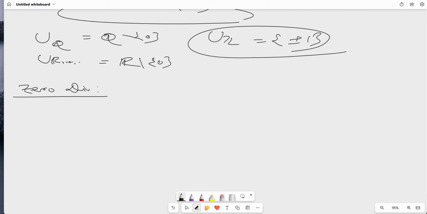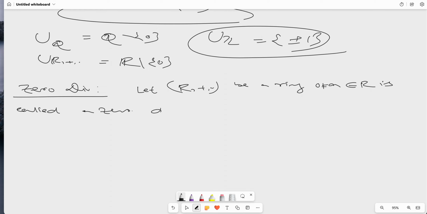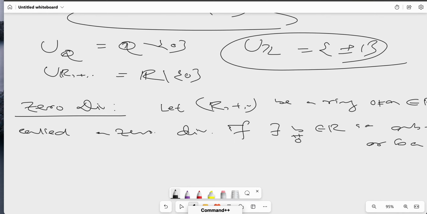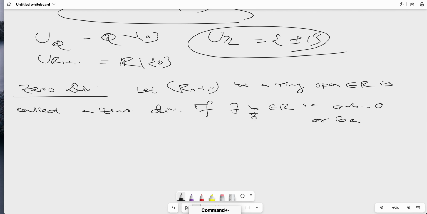So let R plus dot be a ring, and an element A which is non-zero is called a zero divisor if there exists B which is also non-zero inside R, such that AB is 0 or BA is 0. So then we say that A is a zero divisor or B is a zero divisor.